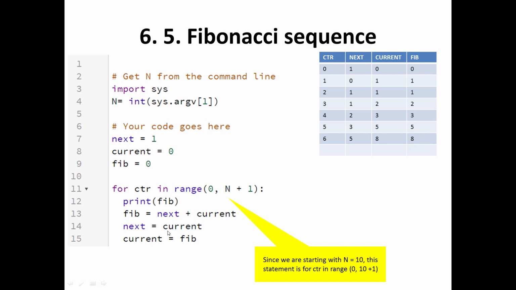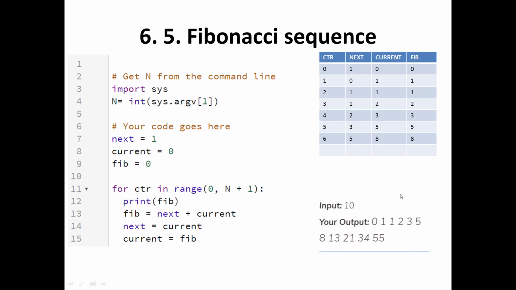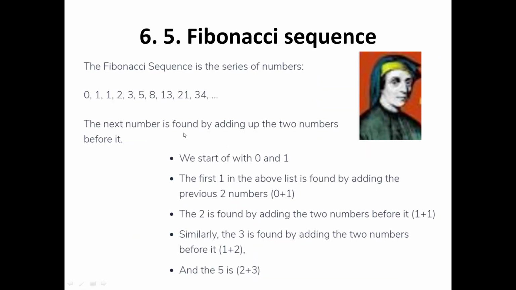In this sequence, we make next equal to current. Here's our current value. We haven't changed it yet. And current becomes equal to Fibonacci, which is 2. So if you keep stepping through these, you'll see how you progressively calculate the Fibonacci sequence, as shown here.